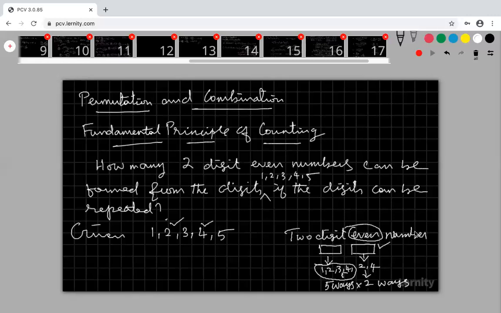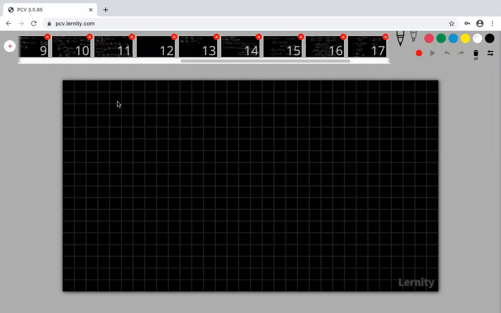Please try to understand. I am going to find a 2-digit number. This is my unit place. This is my tens place. Why am I taking only 2 digits? Because the question is only for a 2-digit number.